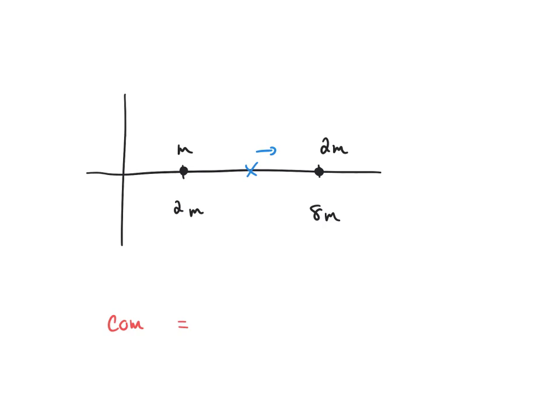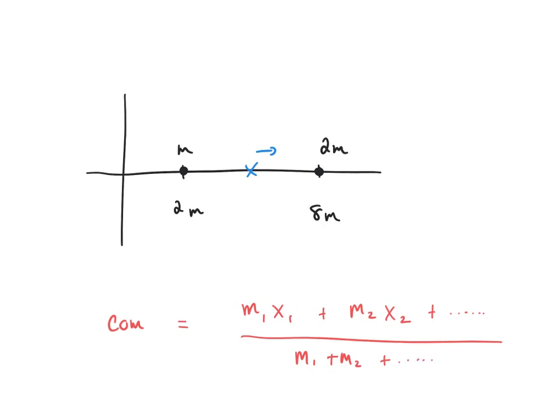So the center of mass of any particle is really going to be the mass of the object times its location, plus the mass of the second object times its location, all over the mass of the objects summed together.